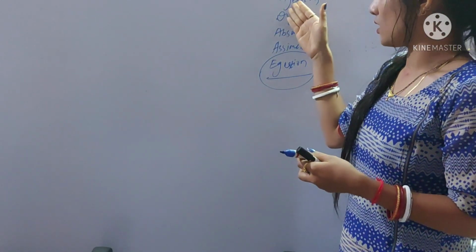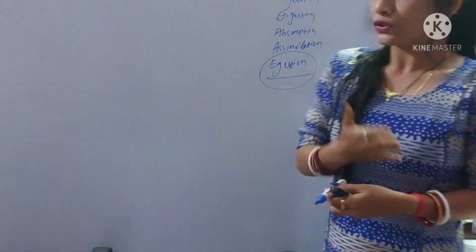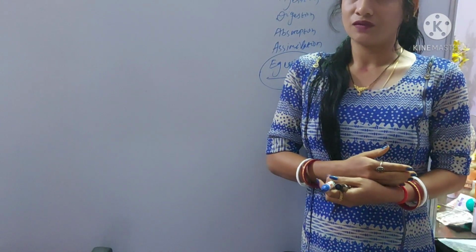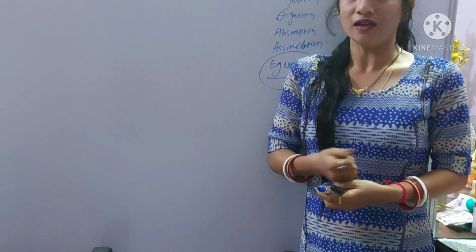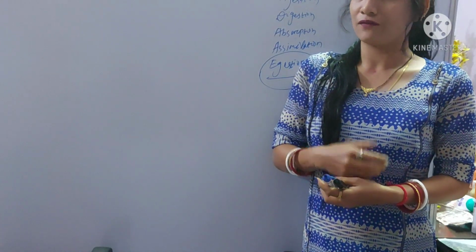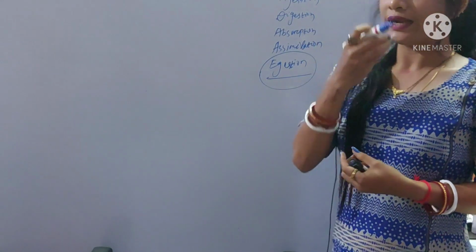In our previous class we have already discussed the 4 processes, and also the different organs of the human digestive system: the mouth or the buccal cavity, then the food pipe or the esophagus, then the stomach and the small intestine. The ingestion process means the intake of the food.